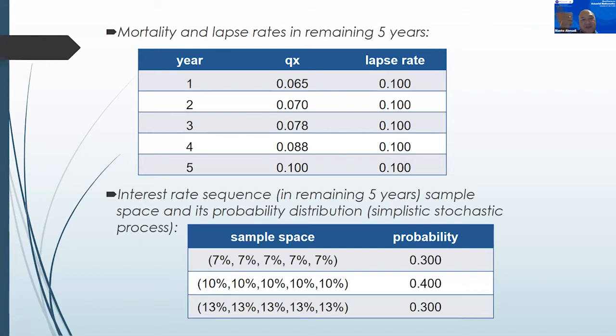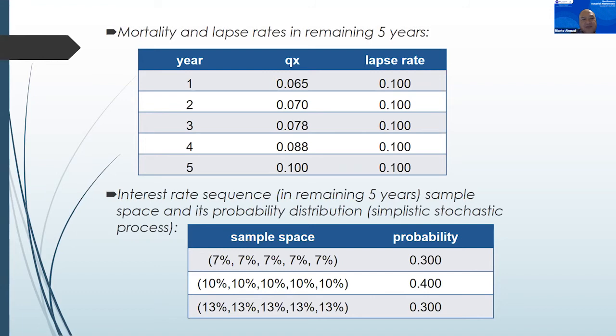Sometime between 1 year and 2 years from now, it's going to be again 10%, 0.1, conditional on the policy surviving the first year period. So all these rates are local, conditional probabilities. And that's usually the way they express the rate in the industry. So all are expressed in terms of local conditional probabilities.